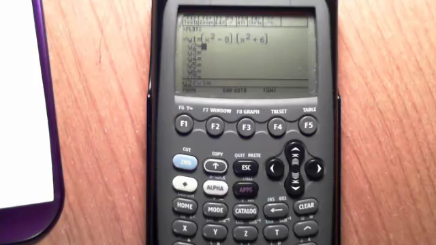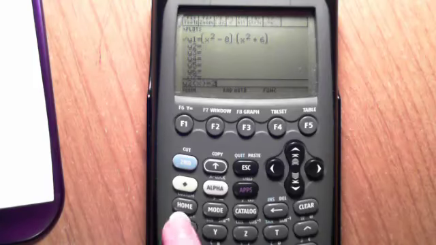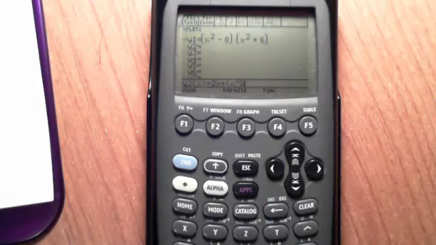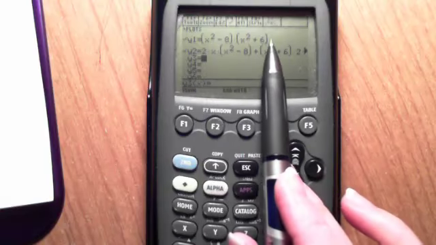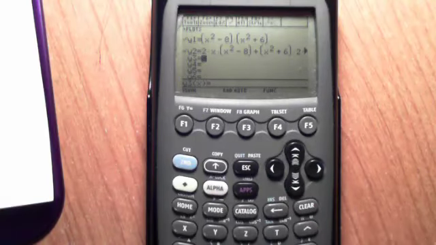In y2, I'm going to put my derivative. So my derivative, if you recall, was 2x times the x squared minus 8, and I will add the x squared plus 6 times the 2x. So here we've got my original function, then we've got my derivative function.